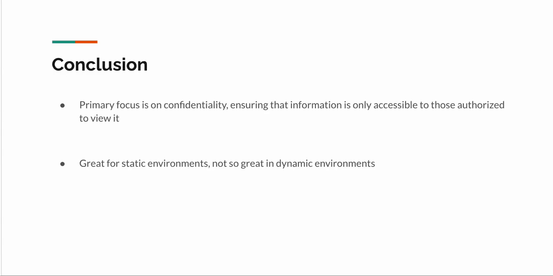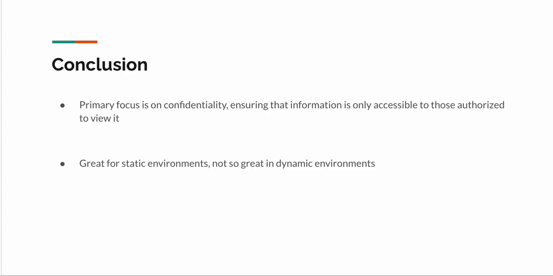But just to briefly wrap up, we saw that the Bell-LaPadula model is a formal security model that's used to control access to classified information within computer systems. And we saw that its primary focus is on confidentiality, where we want to ensure that information is only accessible to those that are authorized to view it. We saw that it's great for static environments, but it's not so great in dynamic environments.